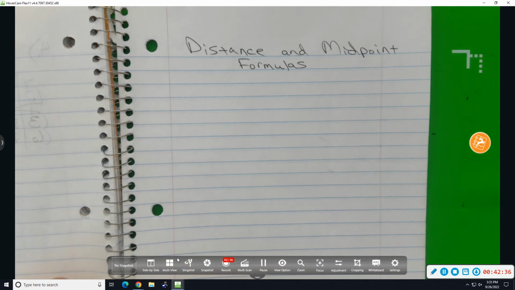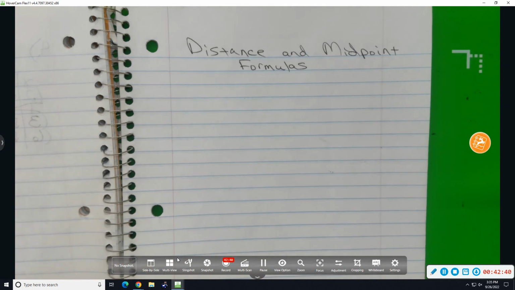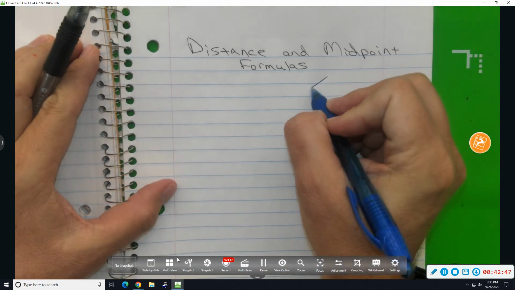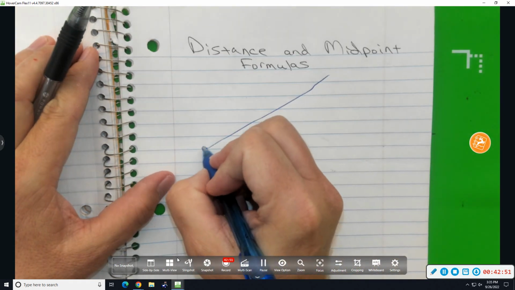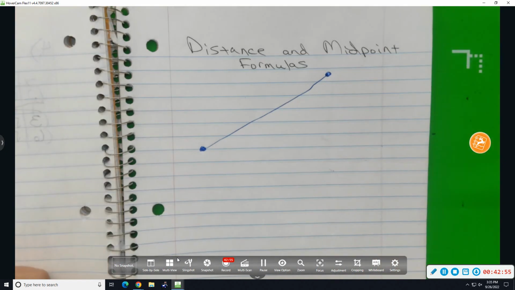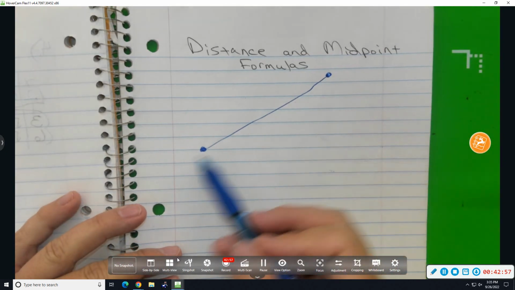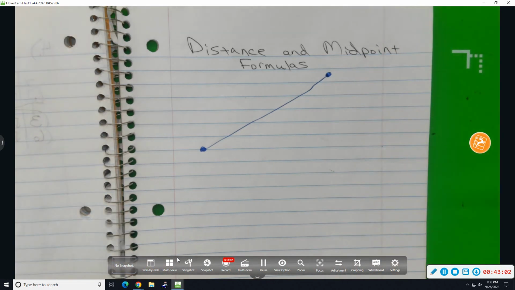Let's suppose that we have 2 arbitrary ordered pairs. I'm going to call them x1, y1, or x sub 1, y sub 1, and x sub 2, y sub 2. Here I'm drawing a line segment. Once again, it's sort of a wavy line segment. For what we're doing here, we're not building bridges.